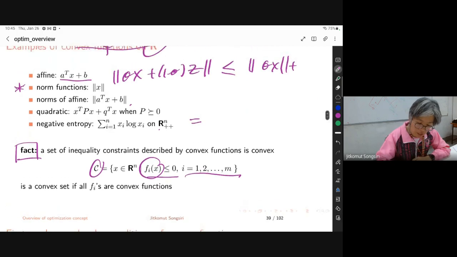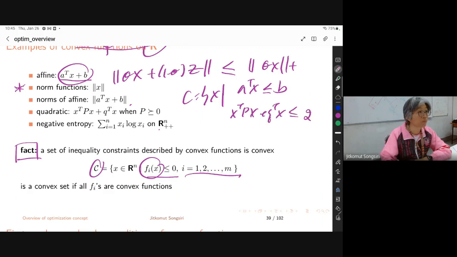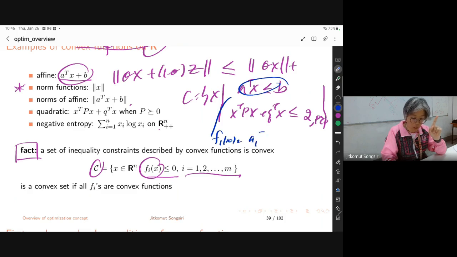What does it basically mean? First, we know that an fi function is convex. So if you have a set C defined by A transpose x less than b, and x transpose Px plus q transpose x less than 2 when P is positive, then you can claim that my f1, which is A transpose x minus b, is convex.